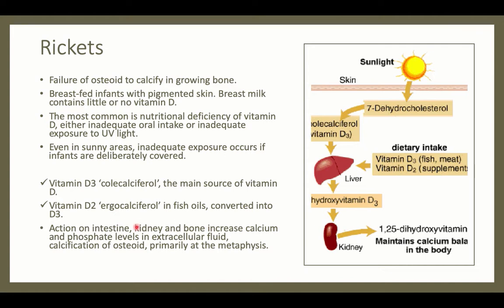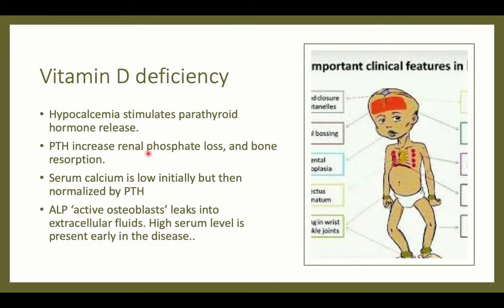So all actions of vitamin D end by increasing calcium and phosphorus levels in extracellular fluid, and calcification of osteoid. Primarily this occurs at the metaphysis of long bones. So effects of vitamin D deficiency or rickets usually appear at the region of the metaphysis.